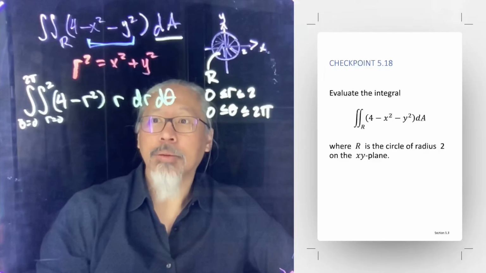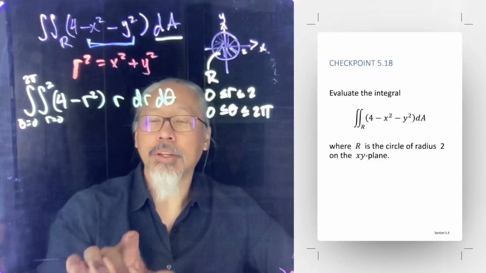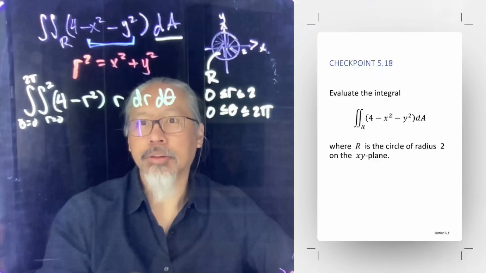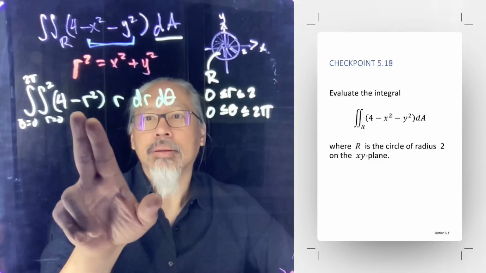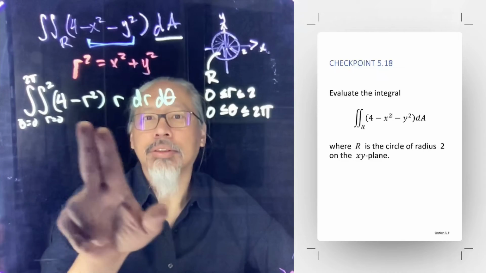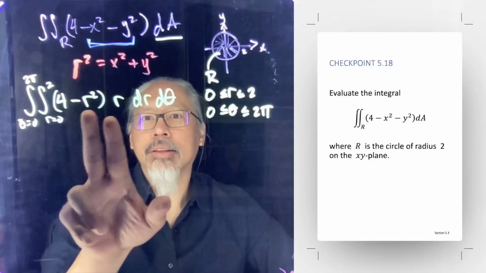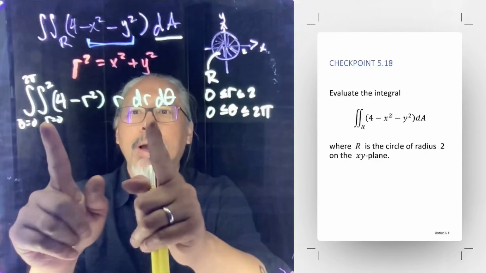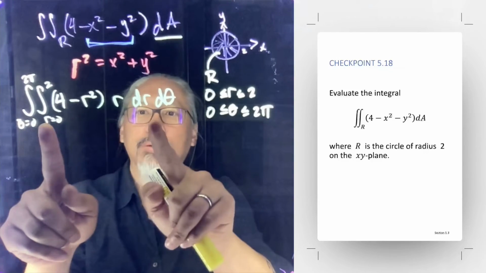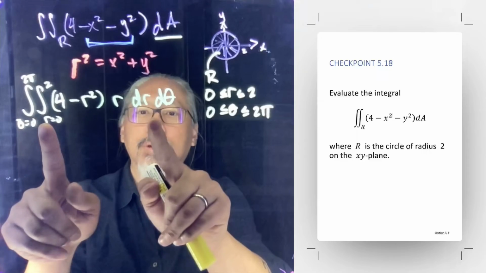And I would like to point out another neat little trick: if you have factors here, like this thing does not have any thetas at all, so you can imagine this integral with the dr is constant with respect to theta.